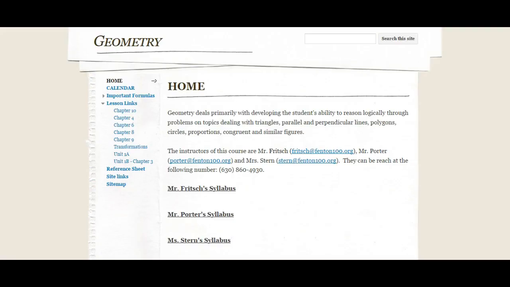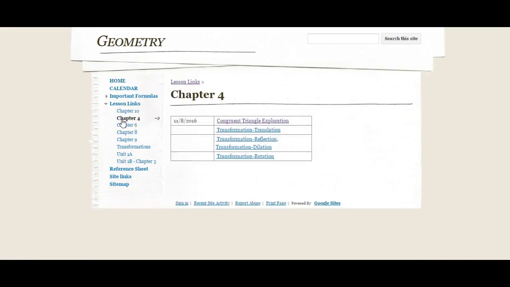For the rest of the activity, you're going to need to go to our geometry webpage. The lesson links is going to be in Chapter 4. Today is the 8th, and that's actually the wrong date. I apologize. Regardless, you're going to be looking for the congruent triangle exploration.